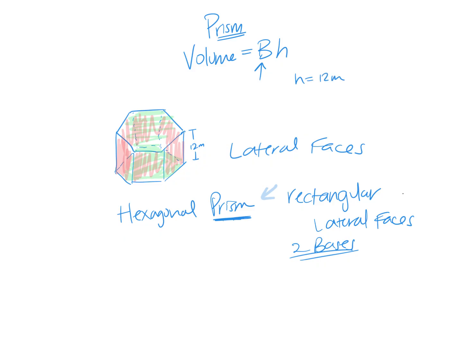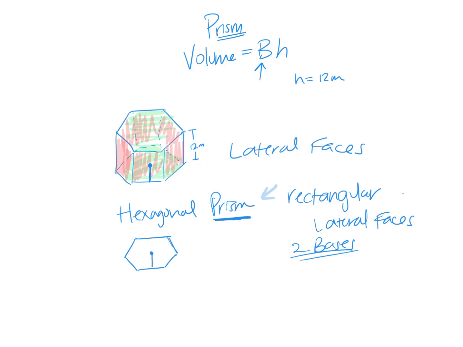Now, the shape at the base is a hexagon. They could give you different dimensions of the hexagon, but I'm going to start with the apothem. The apothem is the distance from the center of the polygon, which is a hexagon in this case, to a side. So I'm going to redraw the base separately so we can look at it.